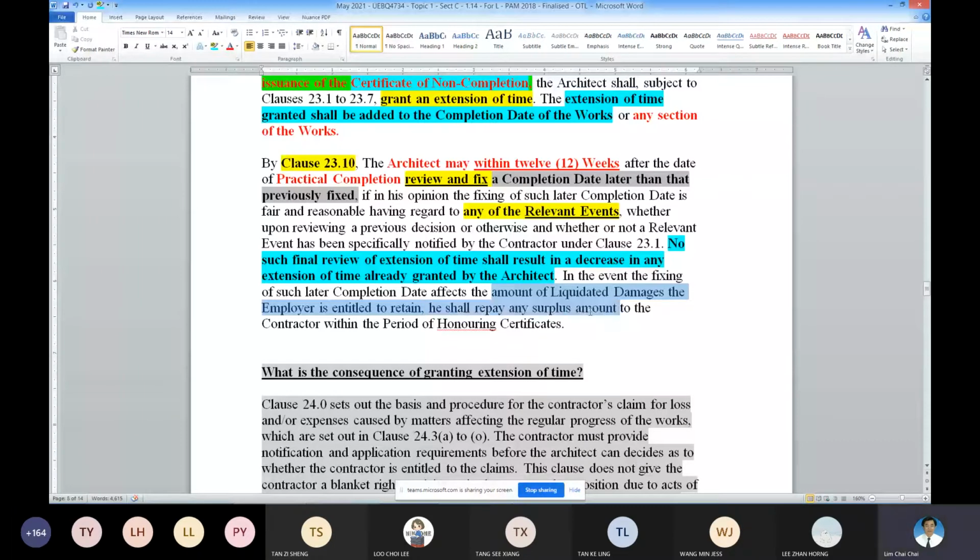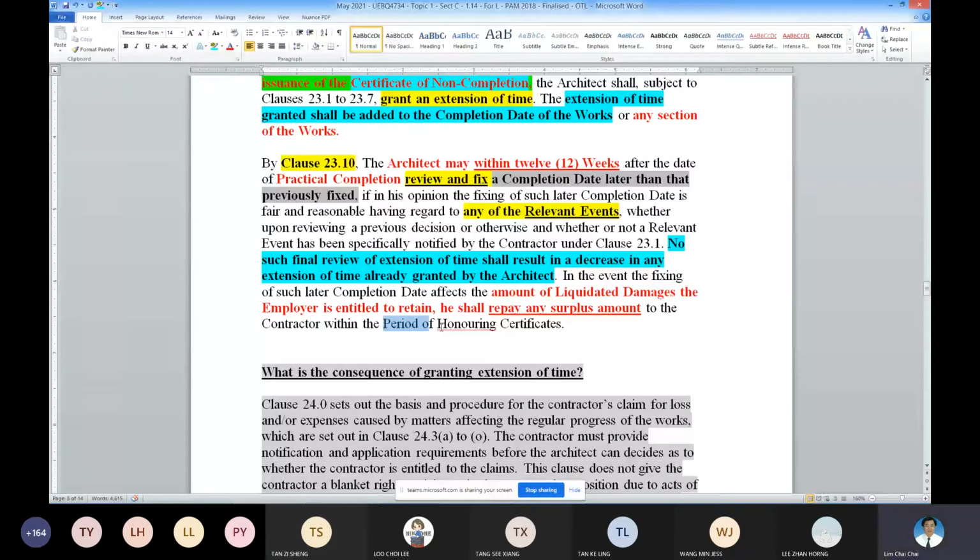That means the employer has to repay any surplus. If you deducted earlier and now 10 days are granted extra, then the employer has to repay the 10 days of LD already deducted. When to pay? Within the next honoring period. These are important principles on how this works.